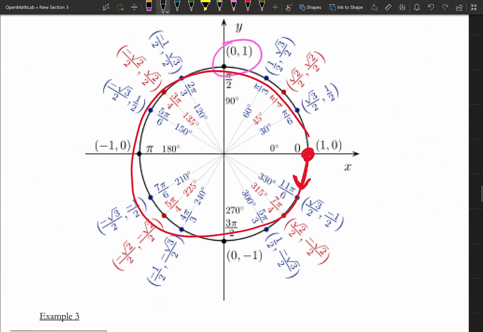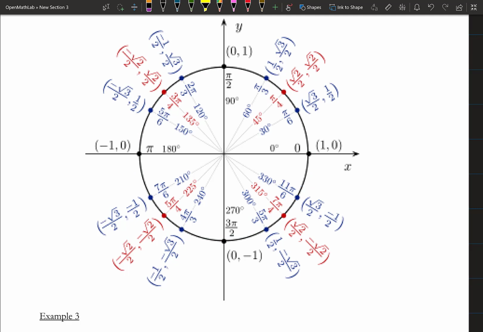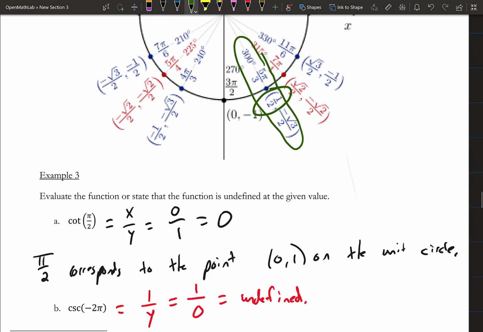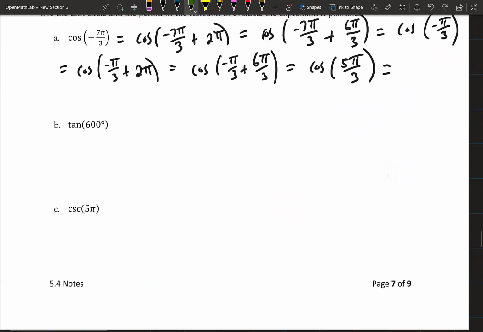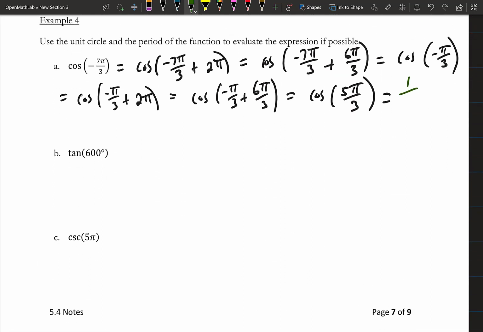So 5 pi over 3, excuse me, is, where is it? It's here. Right, so cosine is the x-coordinate, so we just want that x-coordinate, which is a half. So this is equal to 1/2.